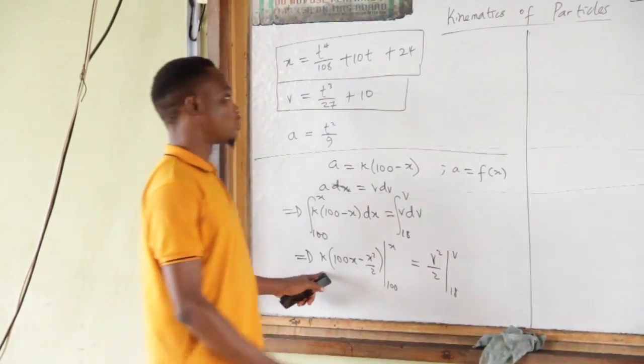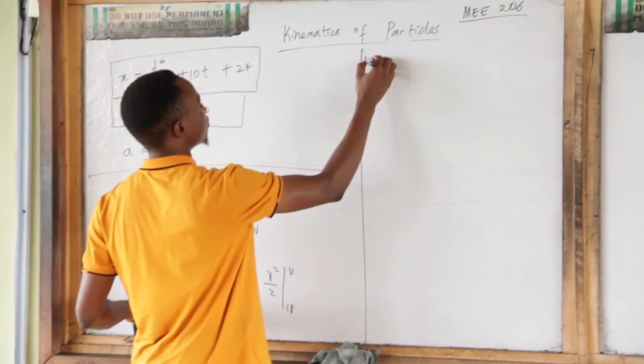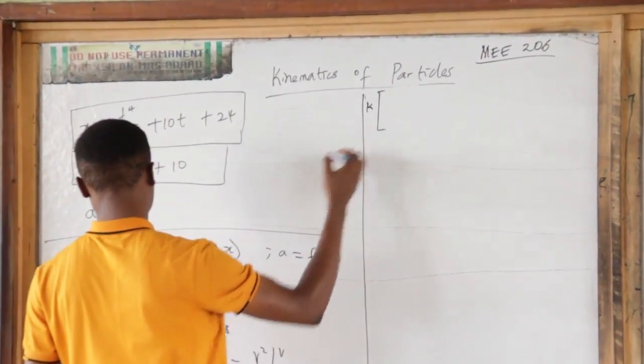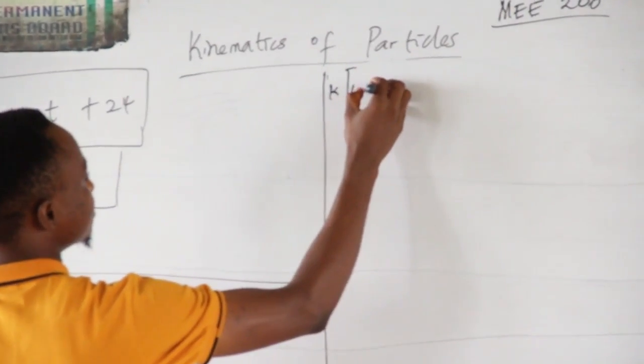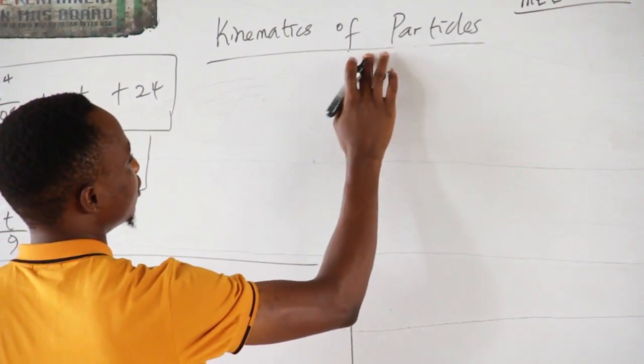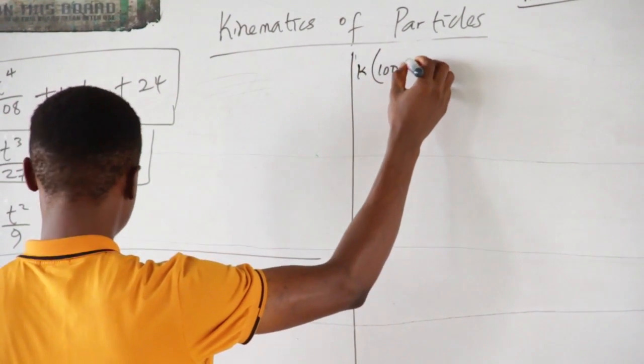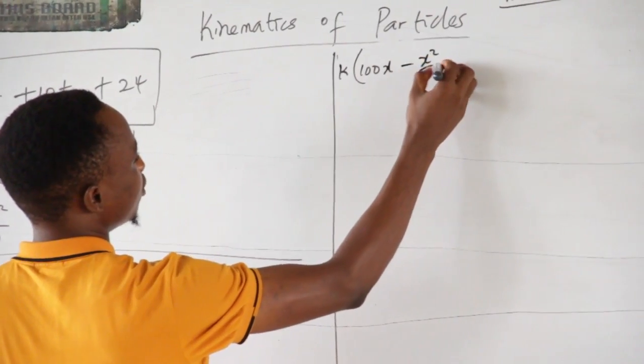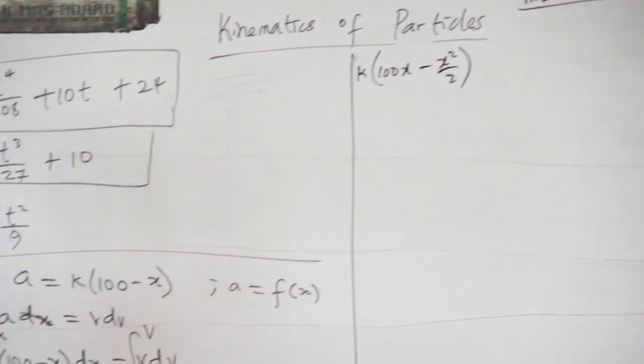So this is going to give us what? When I substitute, I'm going to have k into 100x minus x squared over 2. That is when I substitute x.